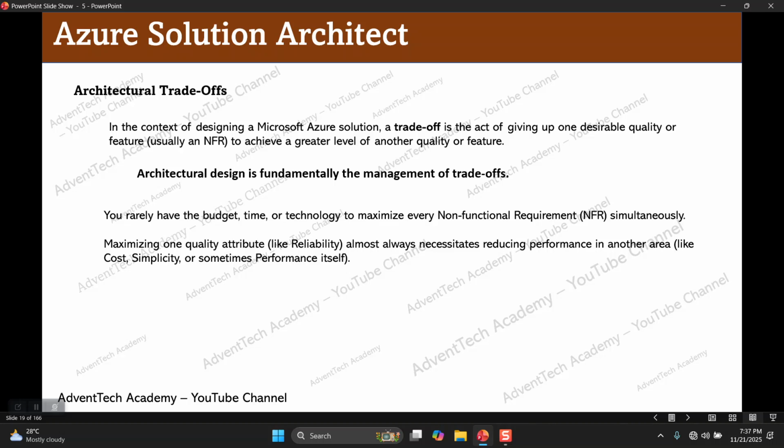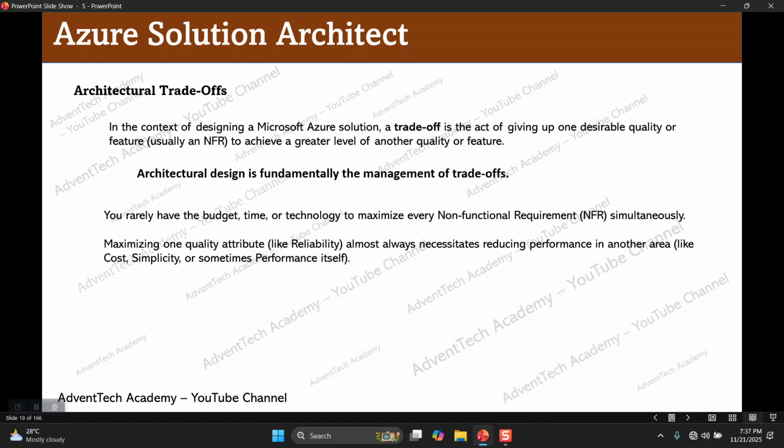You rarely have the budget, time or technology to maximize every non-functional requirement simultaneously. Maximizing one quality attribute like reliability almost always necessitates reducing another area like cost, simplicity or sometimes performance as well.